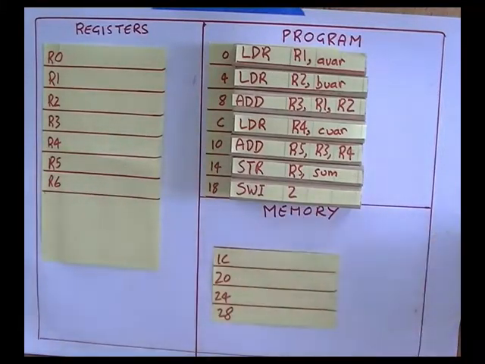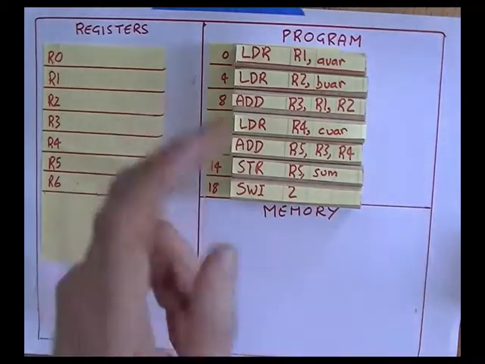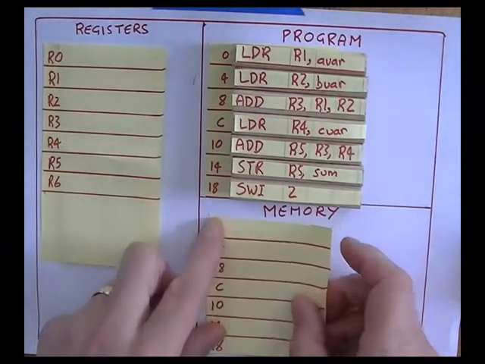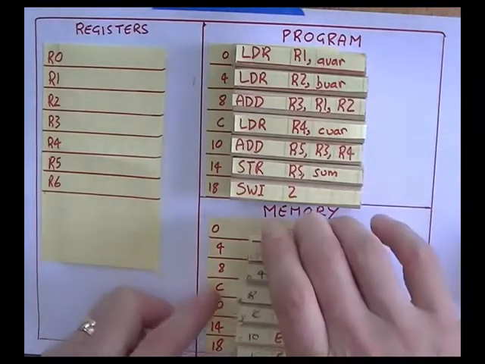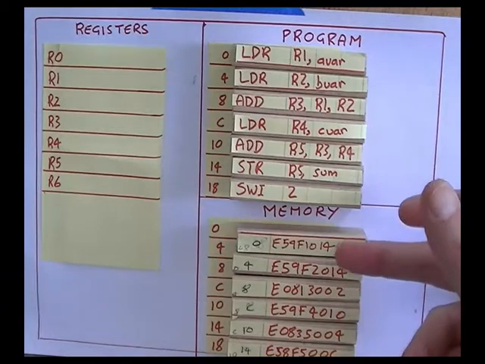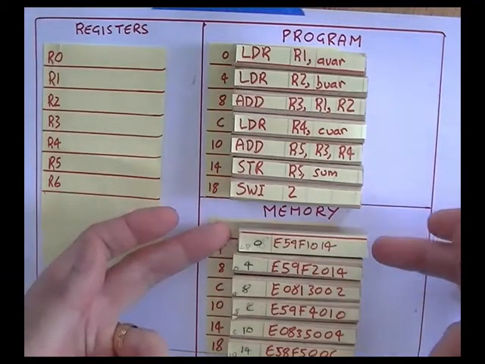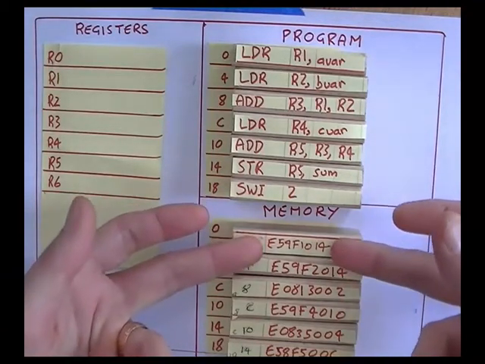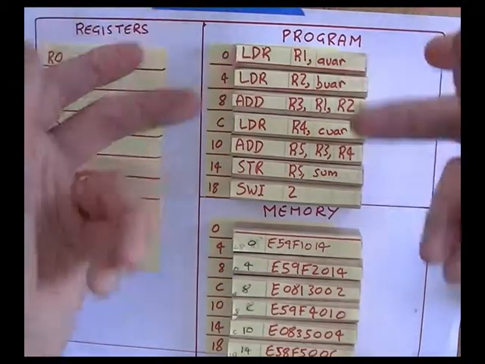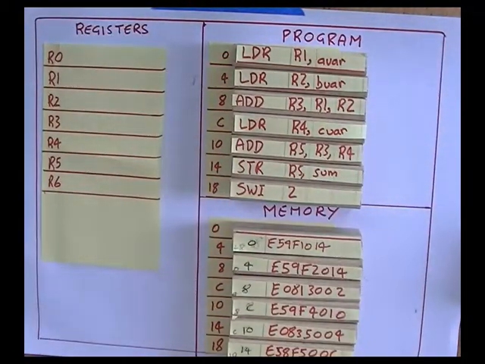As well as doing that, and that's in the program window, the numerical representation of the program is loaded into the memory window below. So it shows us on a location by location basis the numeric representation of these human understandable instructions above in the program window.